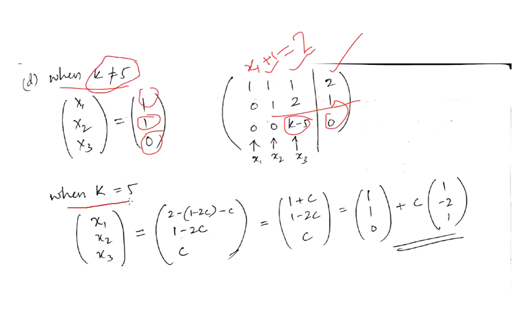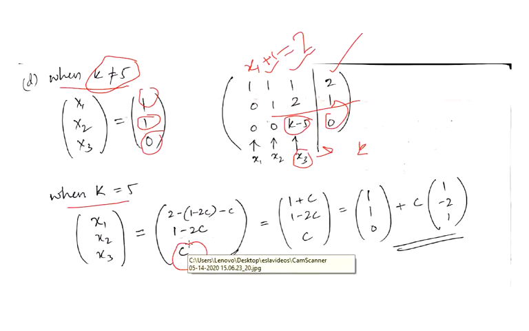When K is equal to 5, we need to consider x3 as some assumed value, C, some constant scalar, because this row has also become 0, 0, 0, 0.